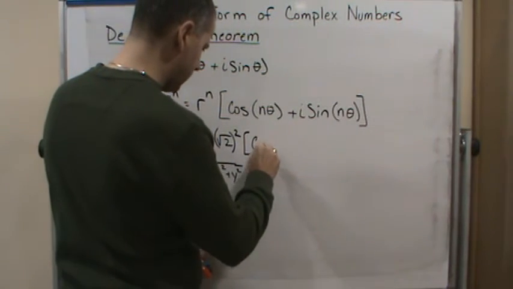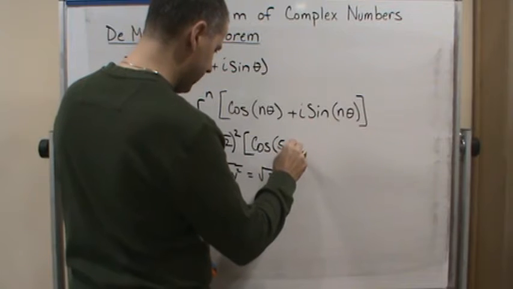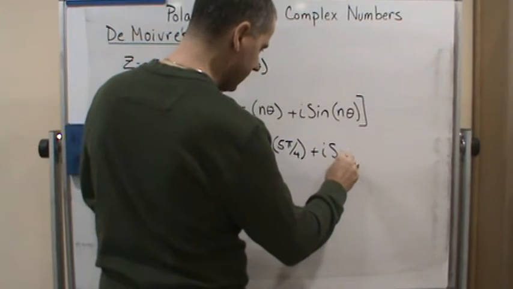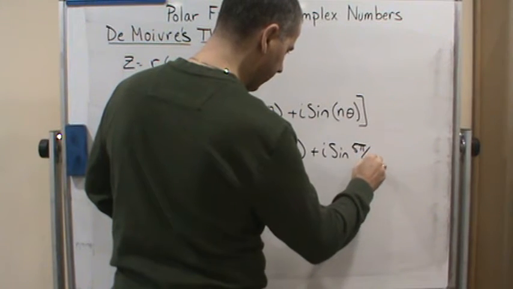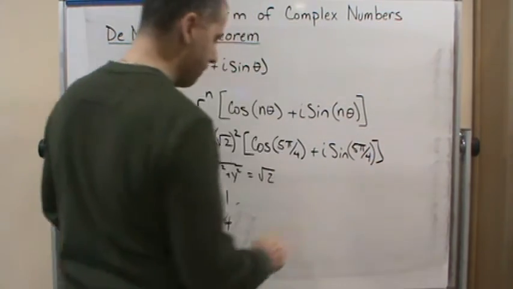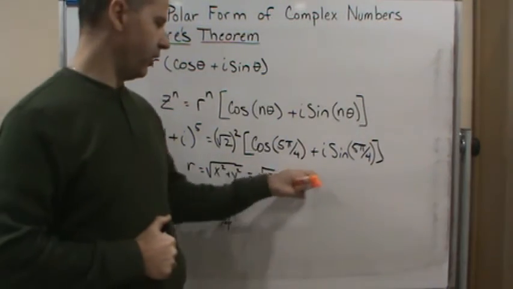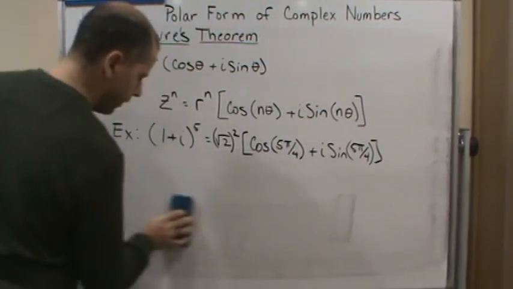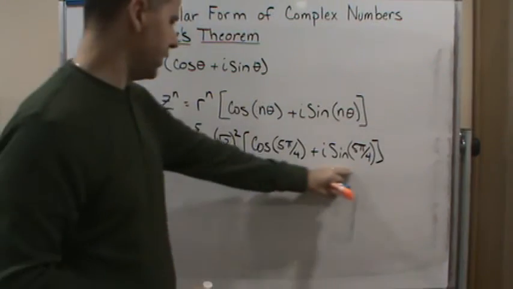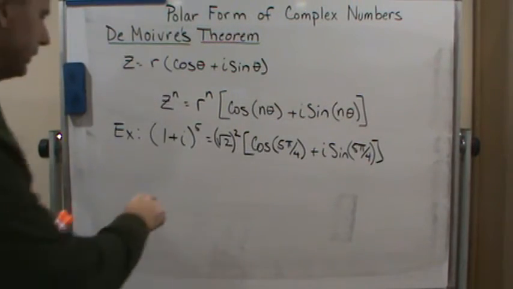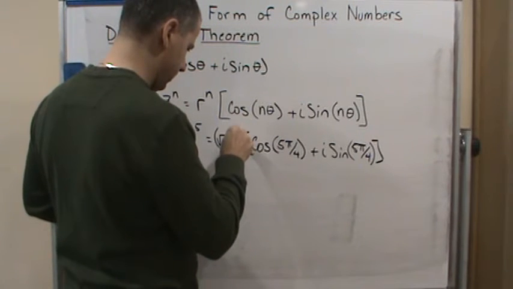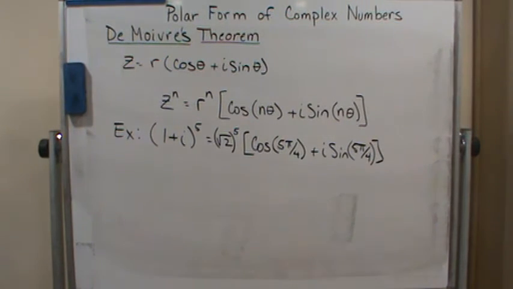So it's cosine of 5 pi over 4 plus i sine of 5 pi over 4. Now, 5 pi over 4 puts us in the third quadrant. So now that we've used de Moivre's theorem to get to this part, oops, hold on a second. That's to the 5th, not the 2nd.